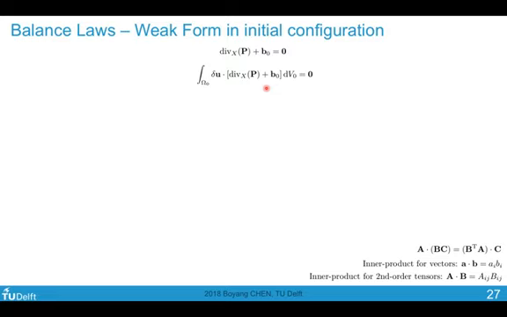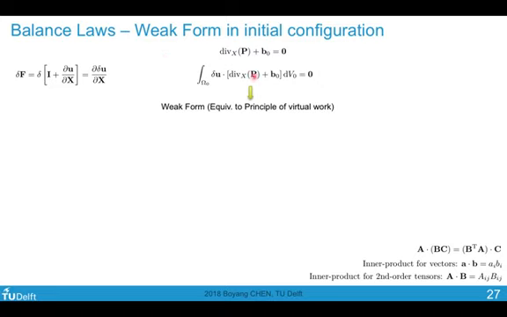So what we're going to do next is to apply a series of mathematical manipulations to try to simplify this expression. We're going to use the fact that the variation of F, which equals the variation of the identity matrix plus the displacement gradient, equals the partial derivative of the variation of u with respect to capital X, because the identity matrix doesn't change, so the variation is 0.